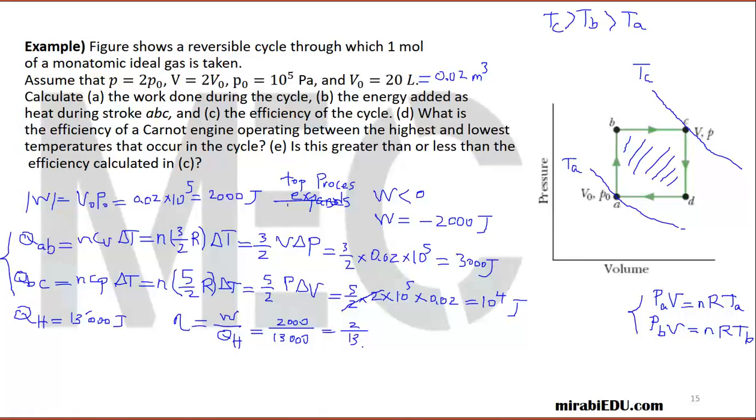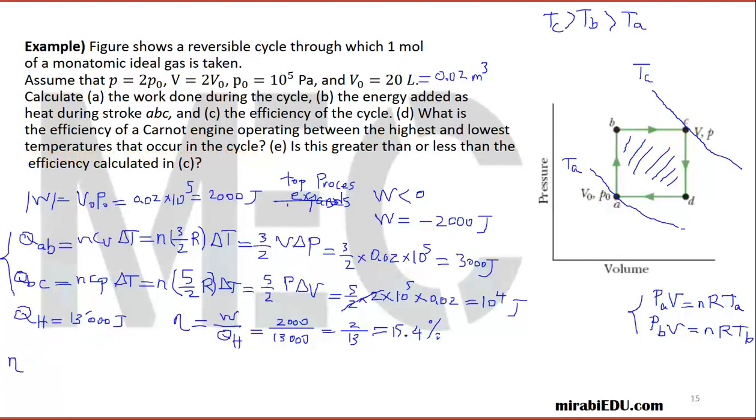So the efficiency of this heat engine is in fact 15.4%. Part D, what is the efficiency of a Carnot engine operating between the highest and lowest temperature that occurs in this cycle? The highest temperature is Tc and the lowest temperature is Ta.